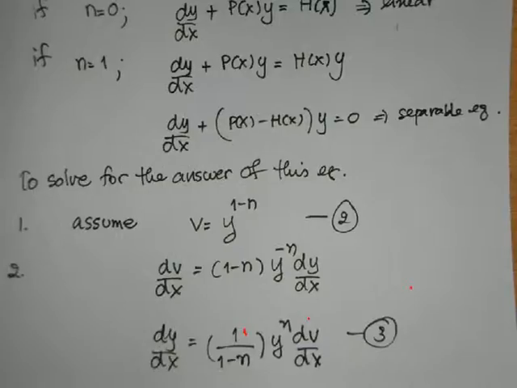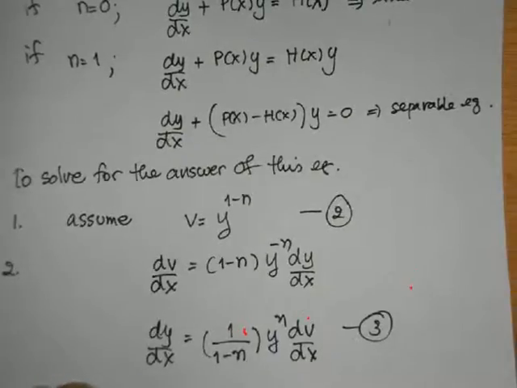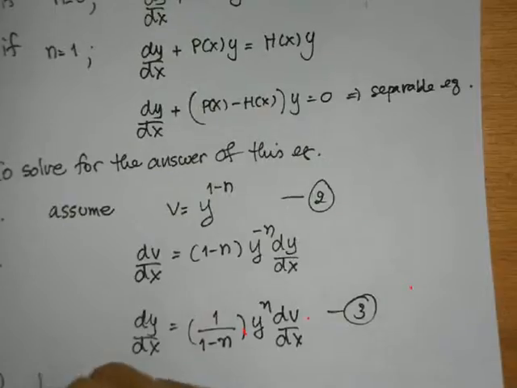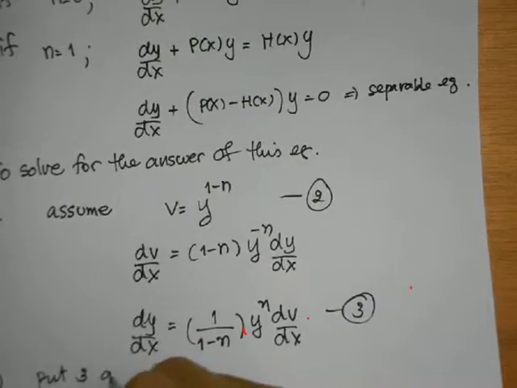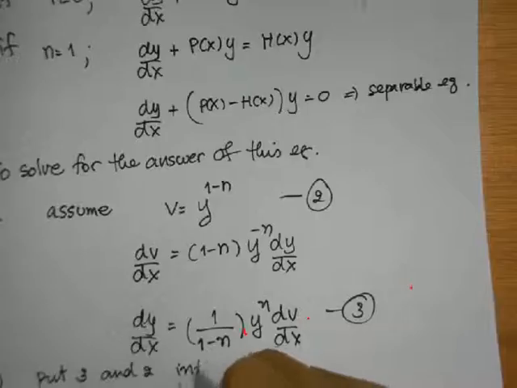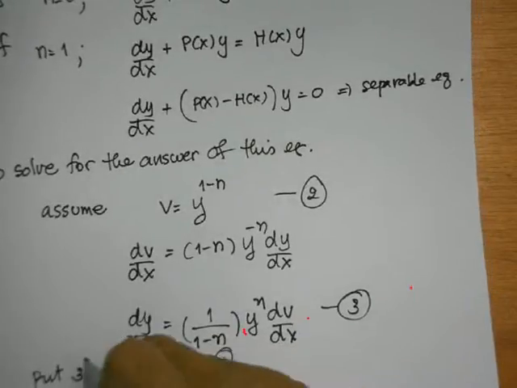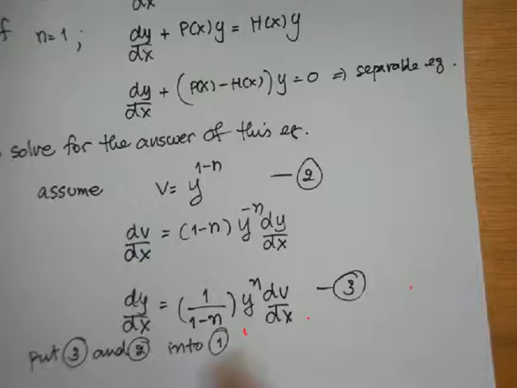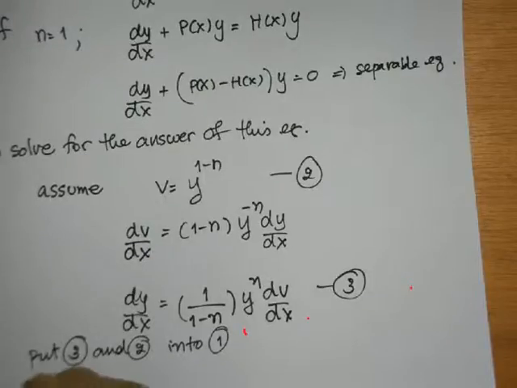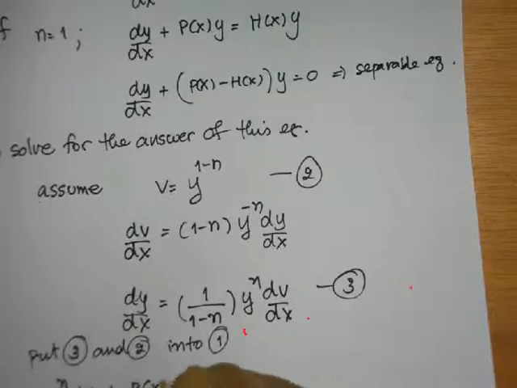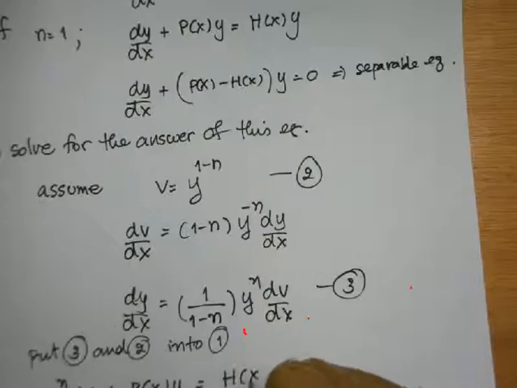Then we put 3 and 2 into 1. But we are going to put 3 into 1 first. We would get 1 over (1 minus n), y to the power n, dv by dx plus p(x) y equal to h(x) y to the power n.